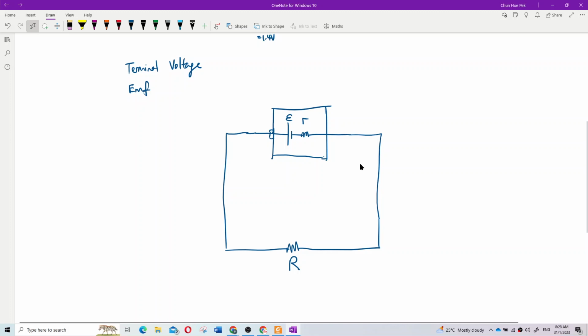So we have this thing we call terminal voltage. What is the symbol? Terminal voltage is VT.